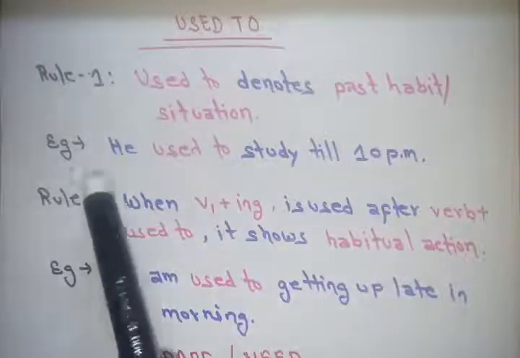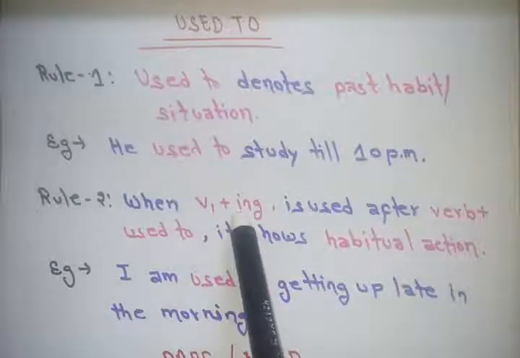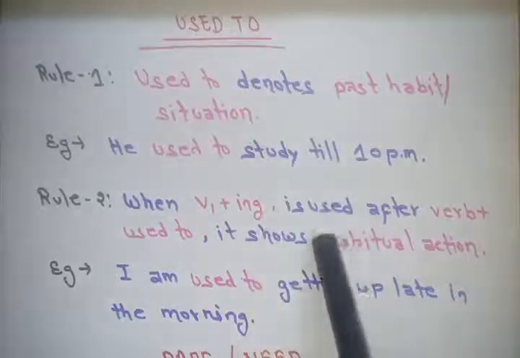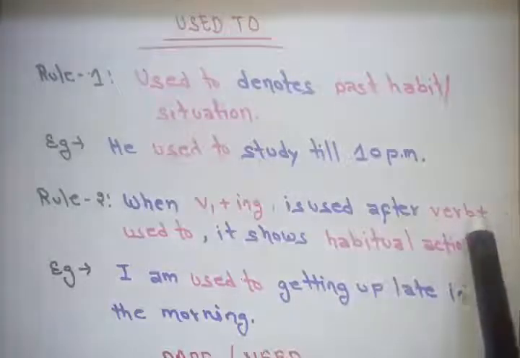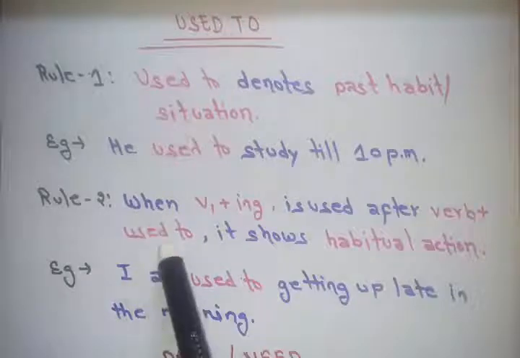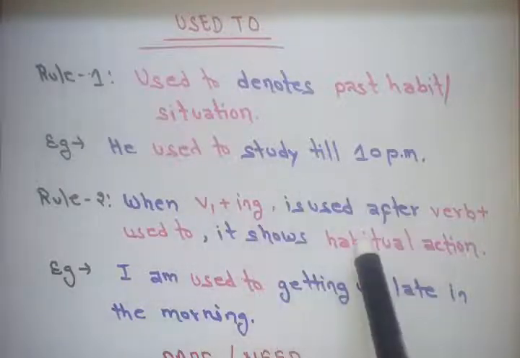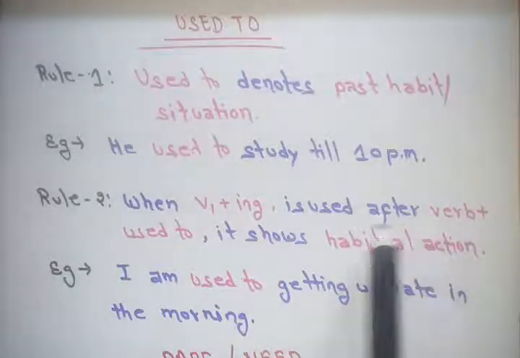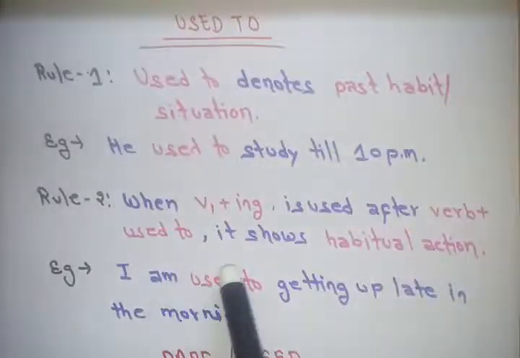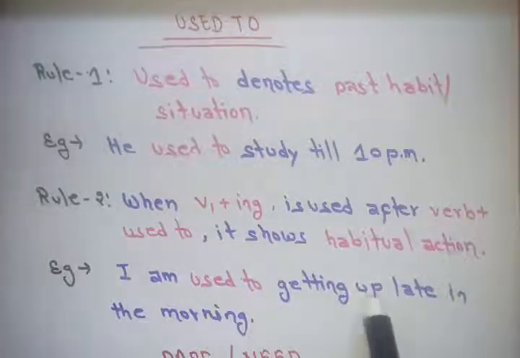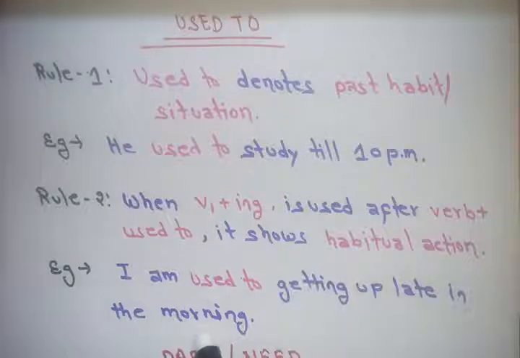And the second example: when verb first form plus ing is used after the verb phrase used to, it shows habitual action. For example, I am used to getting up late in the morning.